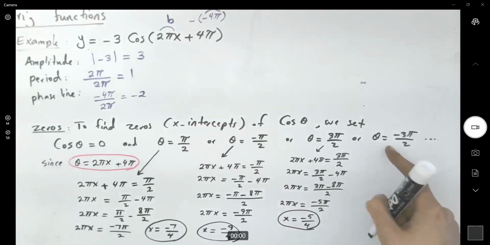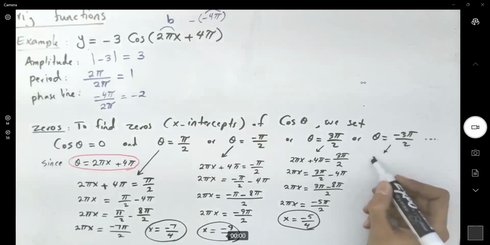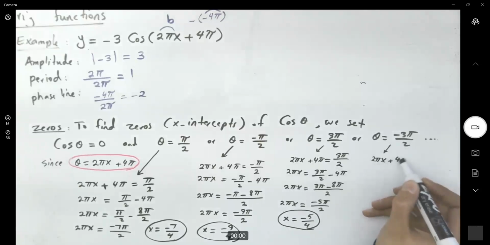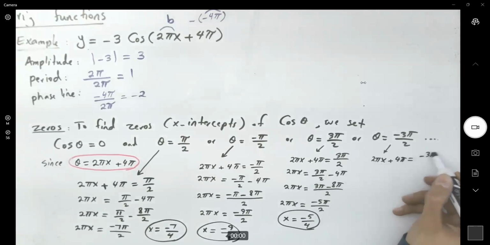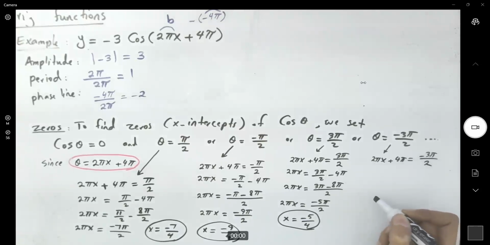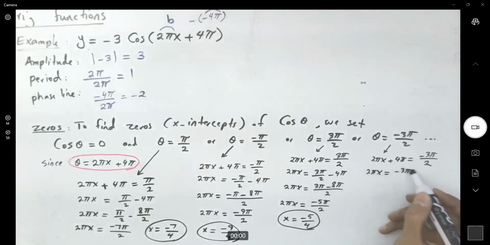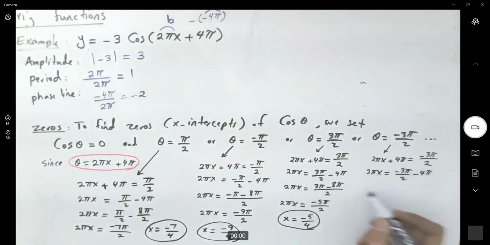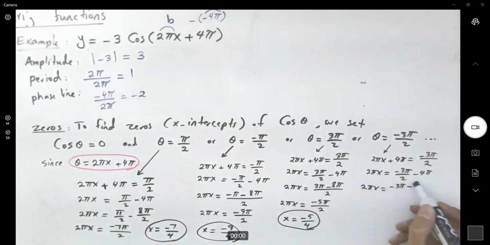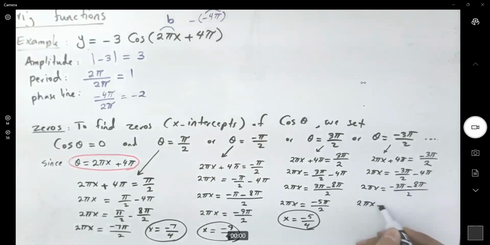What else do I have? Negative 3 pi over 2. 2 pi x plus 4 pi is negative 3 pi over 2. So 2 pi x is negative 3 pi over 2 minus 4 pi. So 2 pi x becomes negative 3 pi minus 8 pi divided by 2. 2 pi x is negative 11 pi over 2, or x is negative 11 over 4.